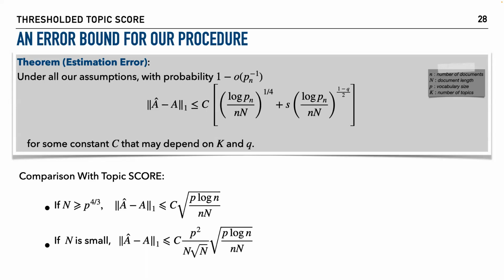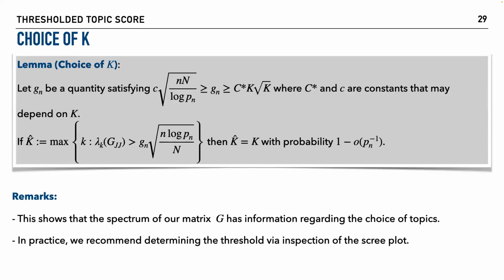So even on the set J, this estimation error is perhaps better than the one that Topic Score assumed, which didn't leverage the sparsity assumption, because at least we got rid of the dependency on p and just included it as a log term. Okay, so that's for the estimation error. So at least one of our objectives was fulfilled.